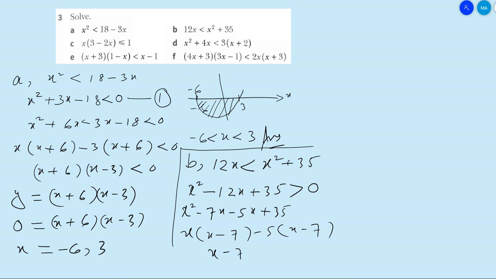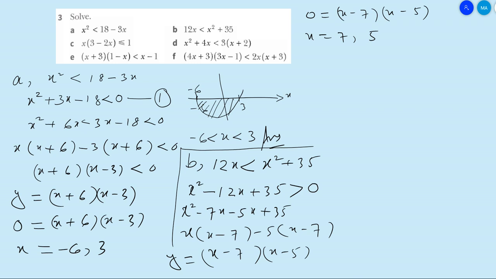So (x minus 7)(x minus 5), and put this equal to y. Put y equal to 0 to find the x intercept. (x minus 7)(x minus 5). From here we have the values of x as 7 and 5.